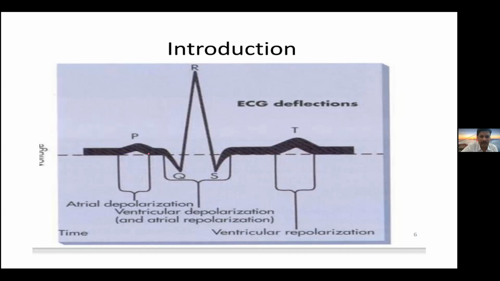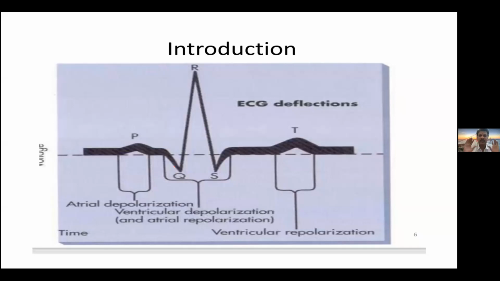The PR interval, from the end of the P wave to the beginning of the QRS complex, is the AV nodal delay, during which time the atrium is emptying the blood into the ventricle. After which the atrium has to relax. The relaxation happens within the QRS complex.